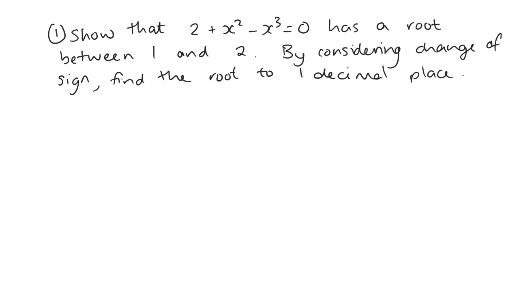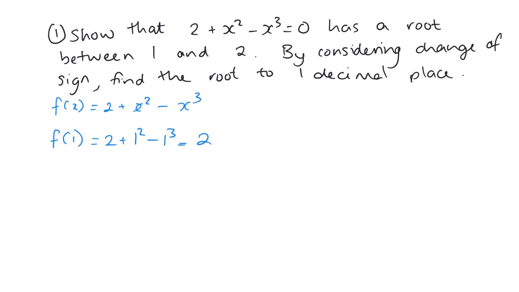Now this is going to be really similar to trial and improvement that you did in junior school. Our function is that equation, 2 plus x squared minus x cubed. We want to find that there's a root between 1 and 2. So f of 1 is 2 plus 1 squared minus 1 cubed, which gives 2.